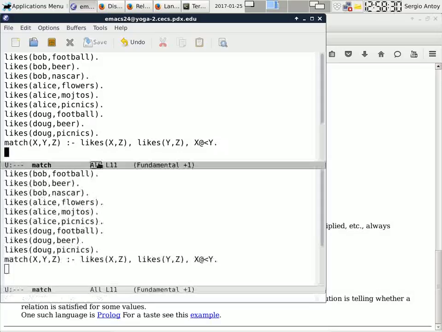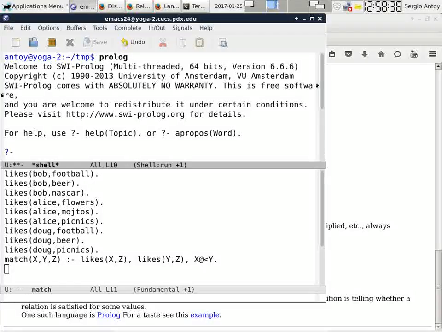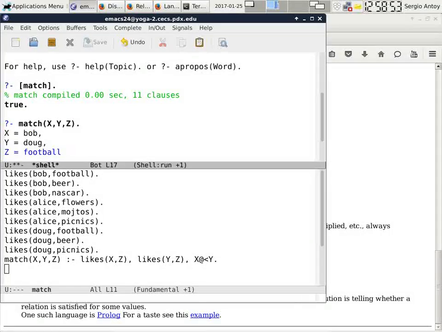And see what happens. The language that does this is called Prolog. Now I load this program that I have to write this way. And now I say match X, Y, and Z. And as we expected, Bob matches Doug because they both like football, right?